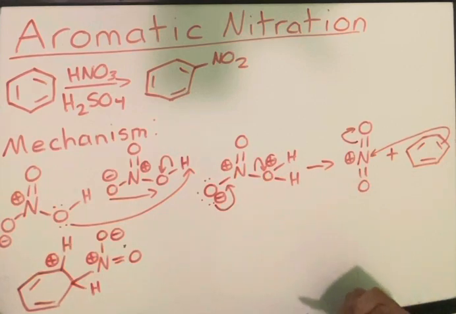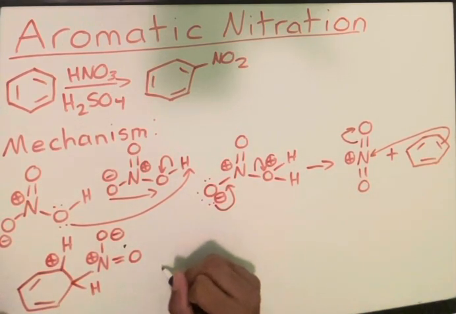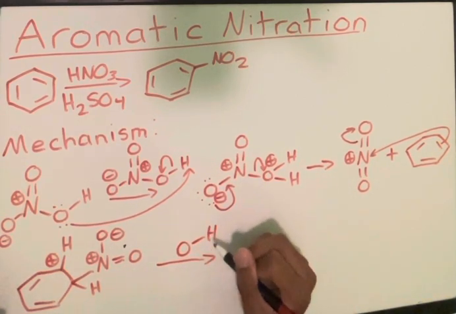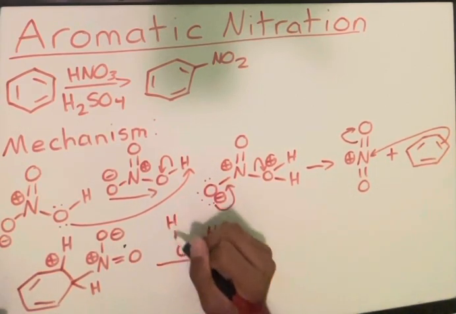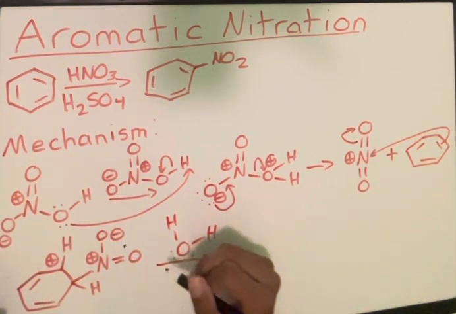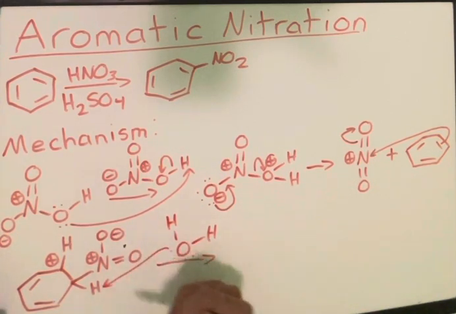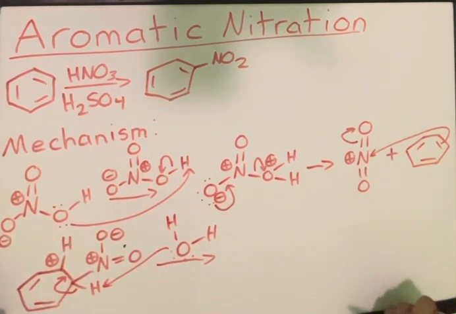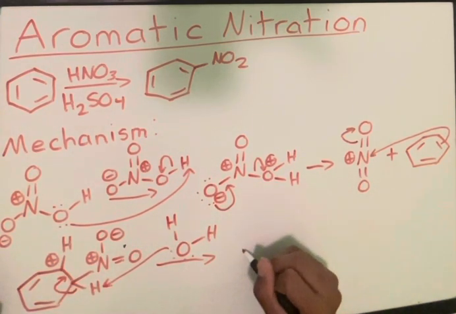Now this is a problem because we need to form a benzene ring, and the way we can do this is we can bring in our water that we had recently expelled earlier in the mechanism as a leaving group, and it's going to grab this hydrogen right here, and the bond is going to actually become a bond within our ring.